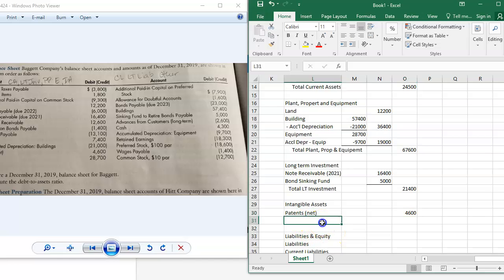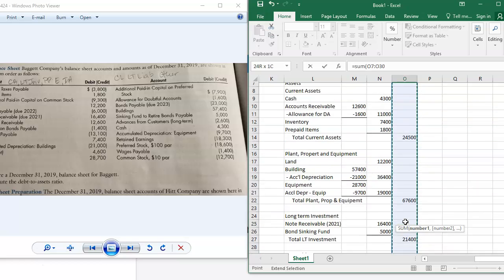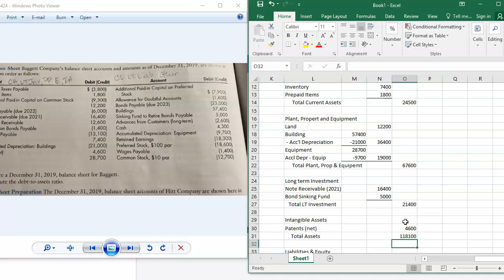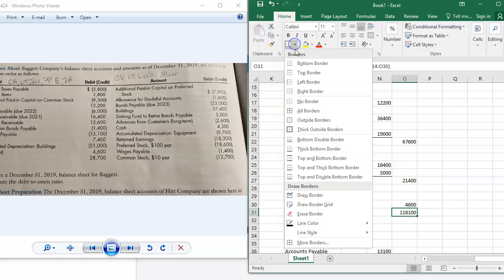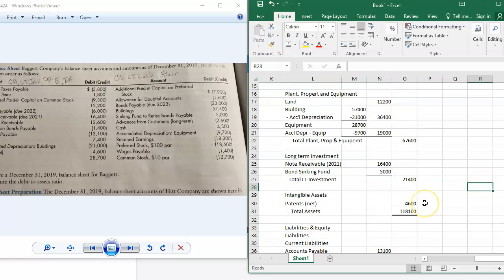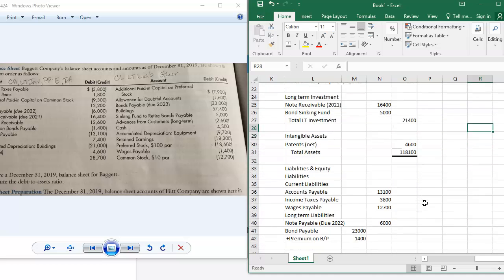All right, and then my total assets will be all of these added up. And it needs a double underline. Okay, I want to make all this look even a little bit prettier here in a minute.